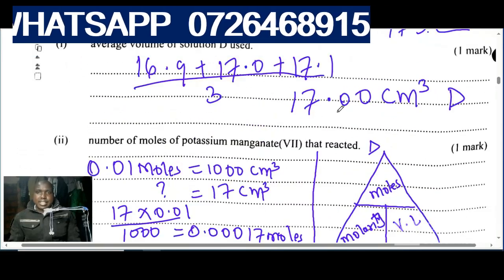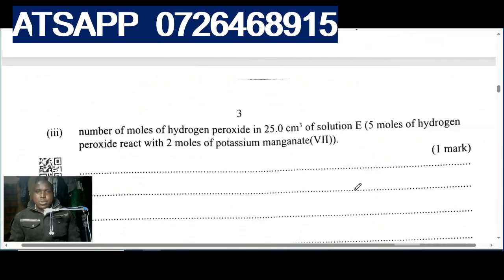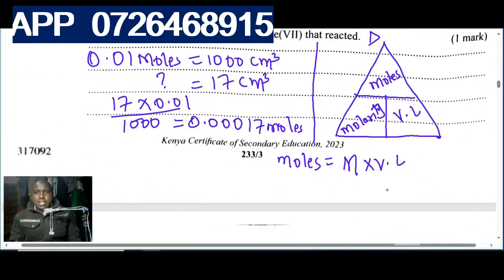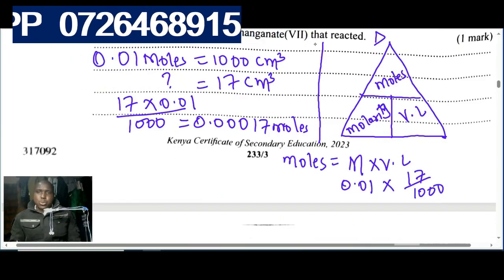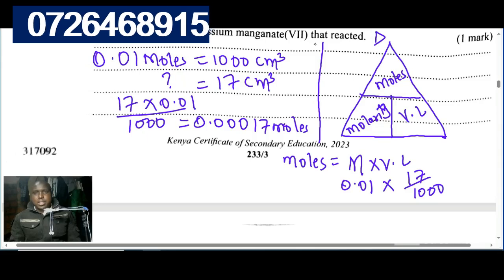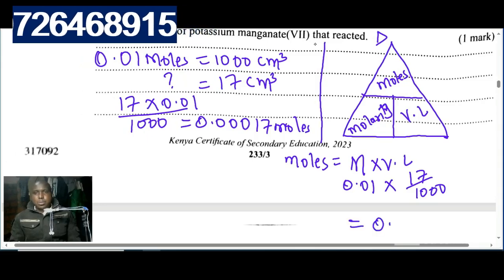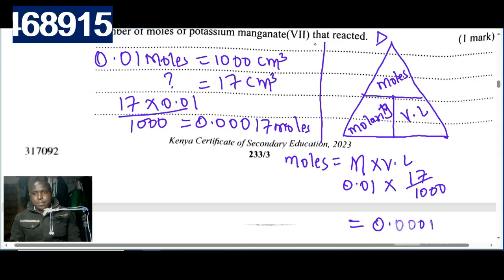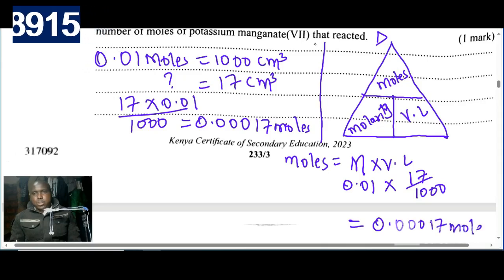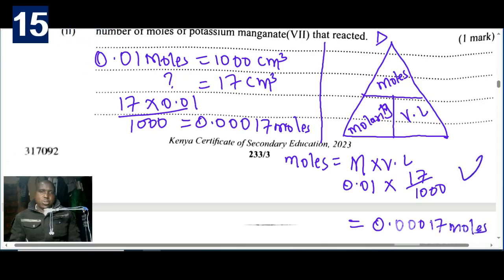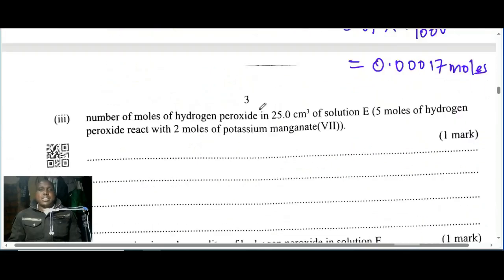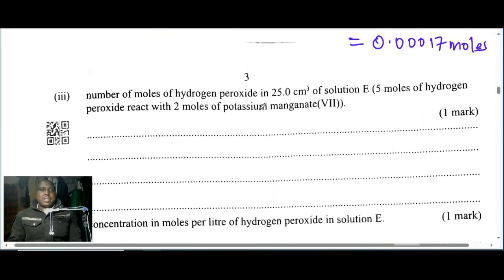So the volume for solution D is 17, and that volume should be in liters. So our molarity is 0.01 for that D. So you divide it by 1000 to convert centimeters cube to liters. So when you do this, you find that the answer is 0.00017, and that is the number of moles. So you can either use this one or use the simple concept of moles. So that is the way to go.